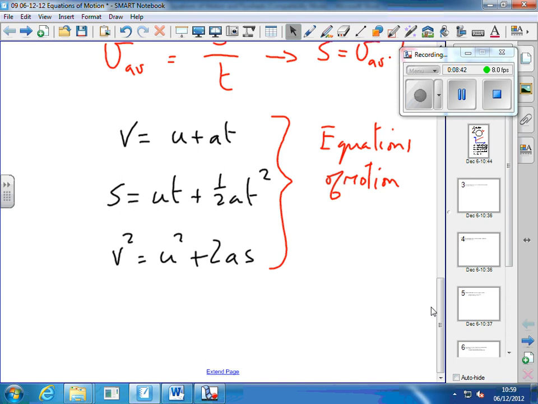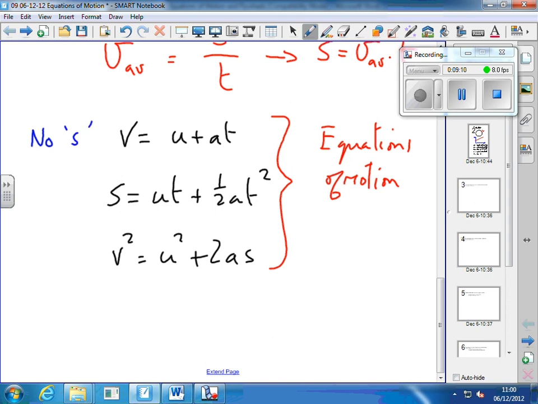If we look at the first one, there's no displacement in that formula. So if I've got a problem where I'm either not interested in or I don't know what the displacement is in this particular situation, then I might be looking at this first formula, number 1. In that one, there's no S. No displacement, so that can be useful sometimes.